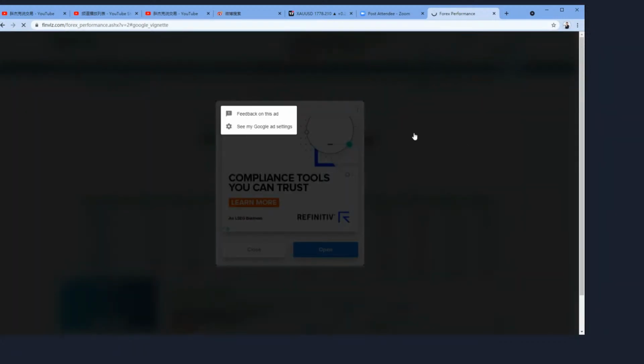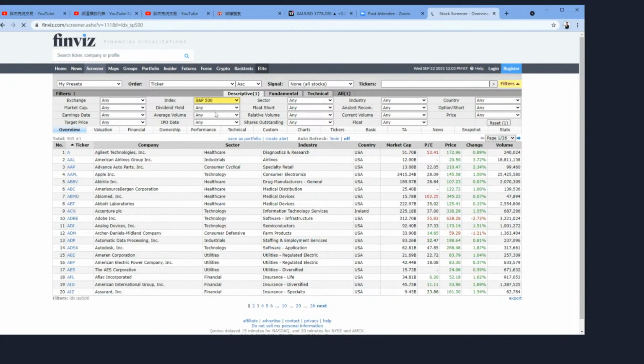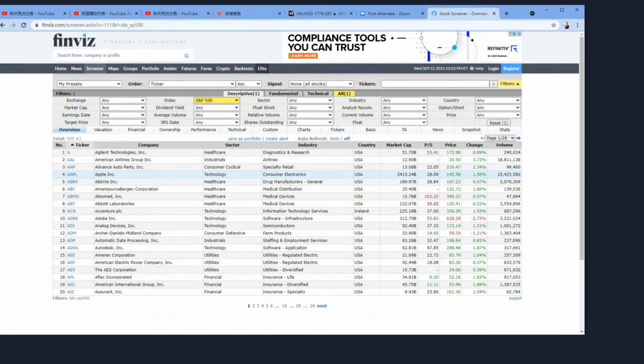Okay, right? Then you can just index. You want to see the S&P sector. Okay, you go choose a sector first. Say you are very confident in technology stocks.